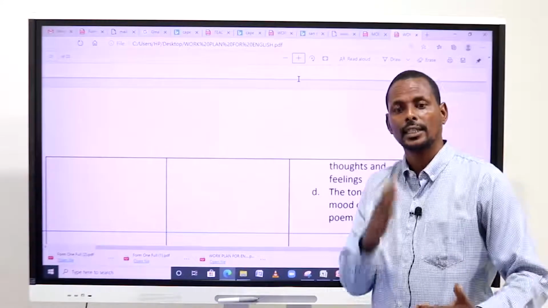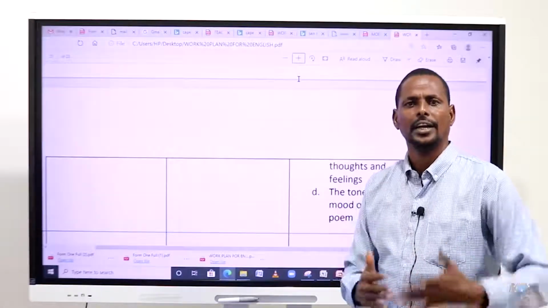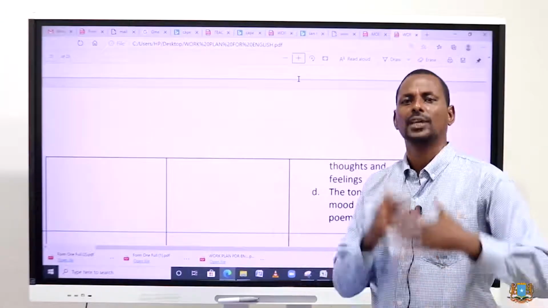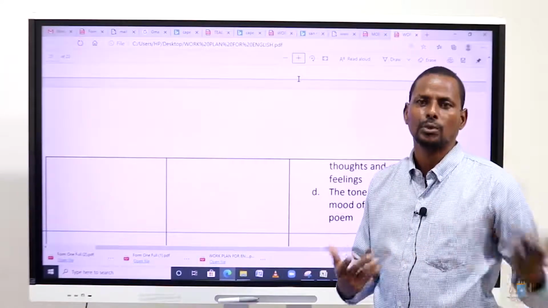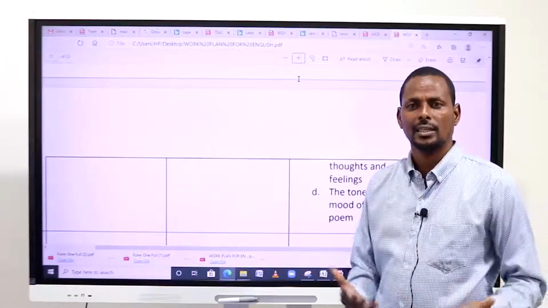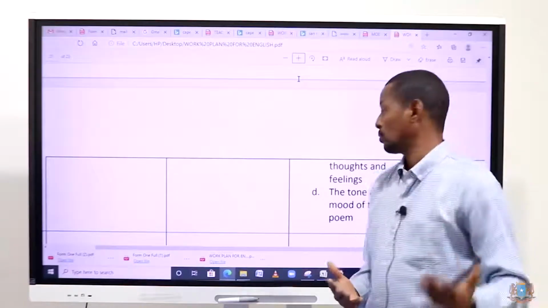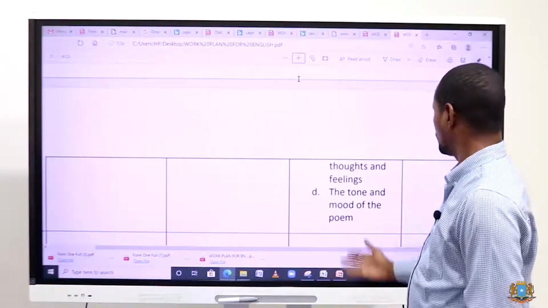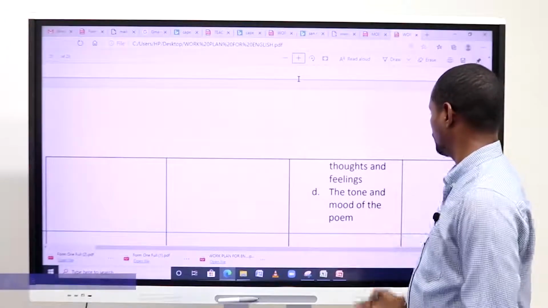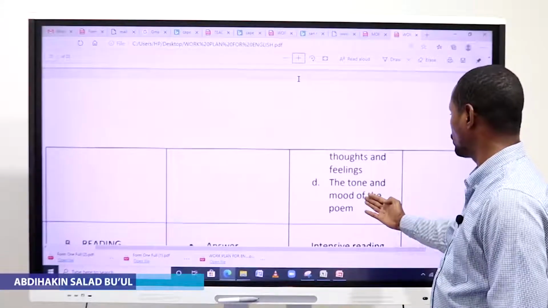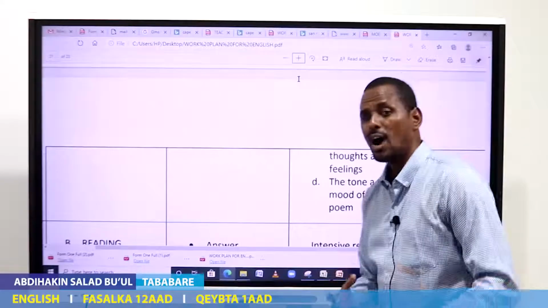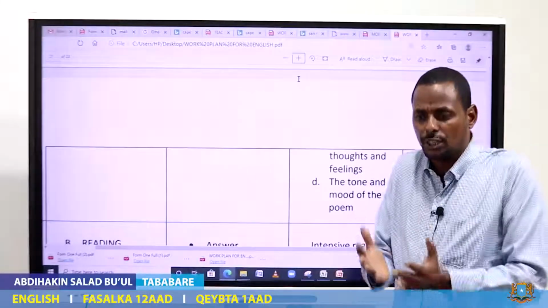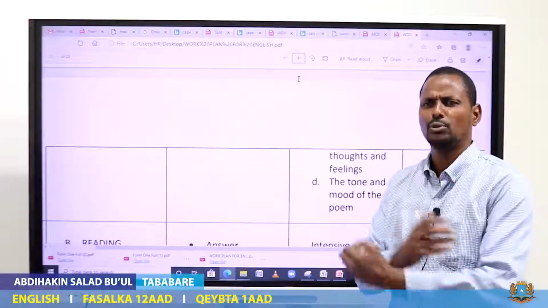If he's writing of a good leader, a hero or heroine, and he's praising, the feeling will be opposite. It will be ecstatic, happy, and so on. The tone and mood of the poem. Now, the tone and mood. The mood is how the poem, when you read or listen to it, makes you feel.